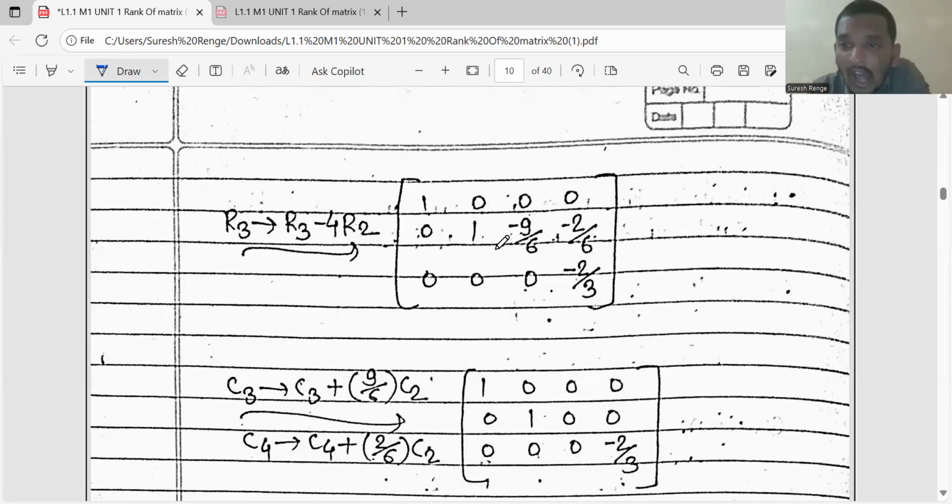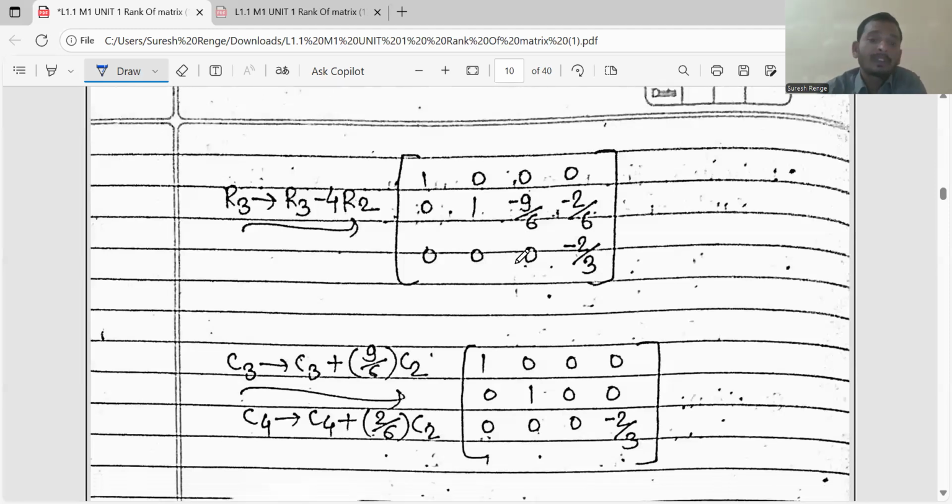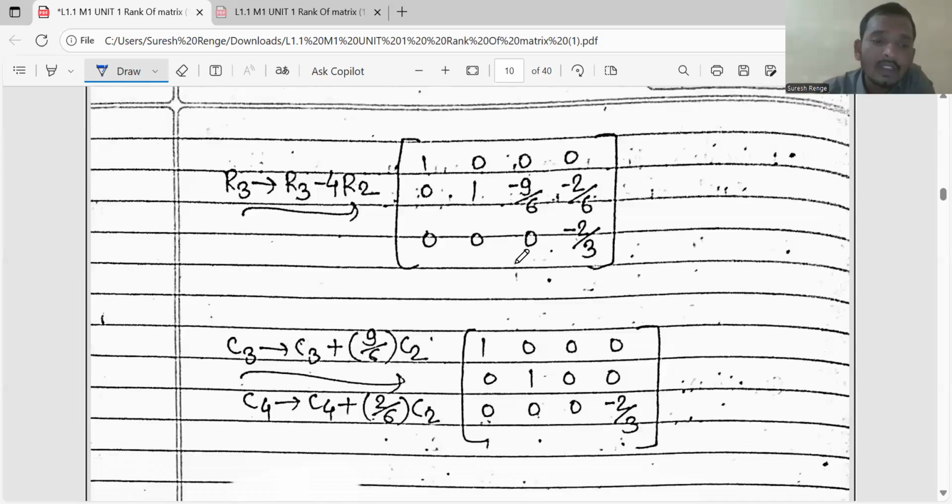If we have already made the elements below the leading element zero, then to make the elements of this row zero we do not need to do any calculation. We only need to write down the operations. Now write this operation: what operations are we doing? Change C3 to C3 plus 9/6 times C1, change C4 to C4 plus 2/6 times C2. These are the only operations we want to write.